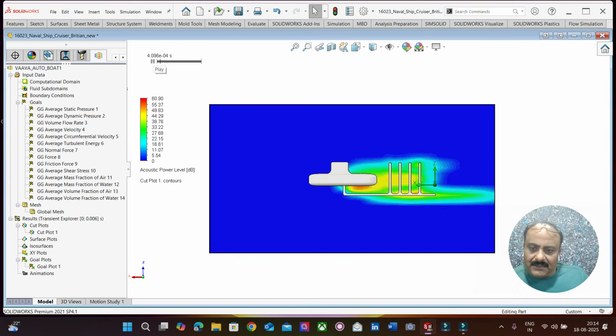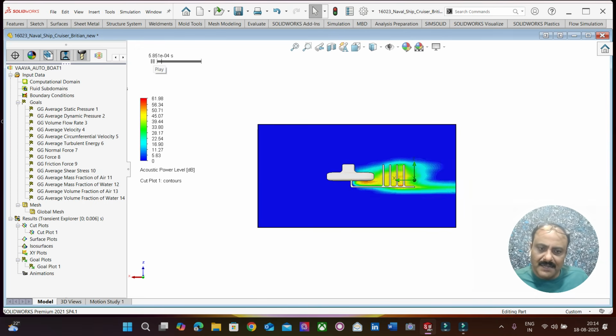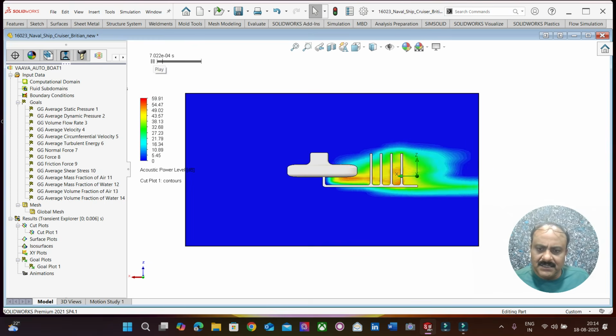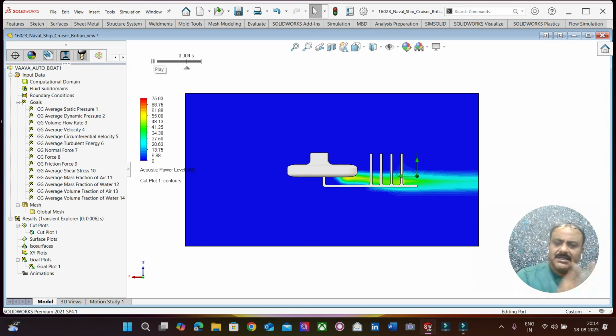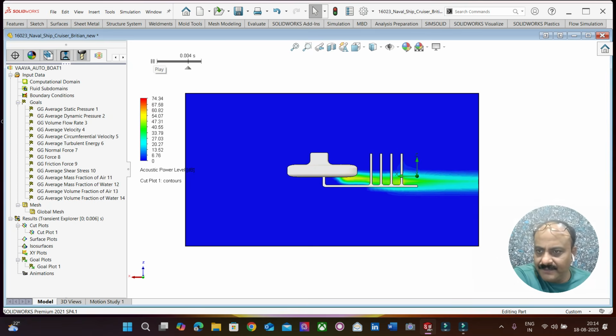Okay, so we have found all these outputs, and now based on these outputs, the hydrodynamic parameters, the structural design or the optimization can be further continued.